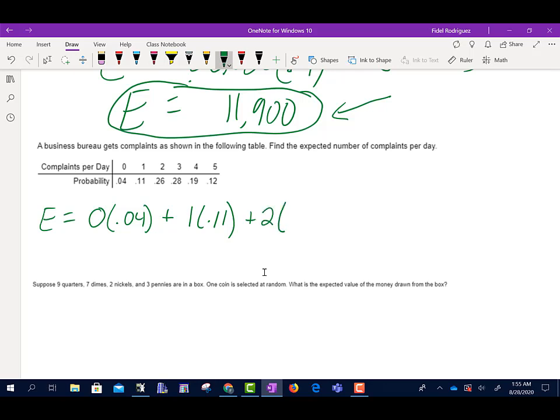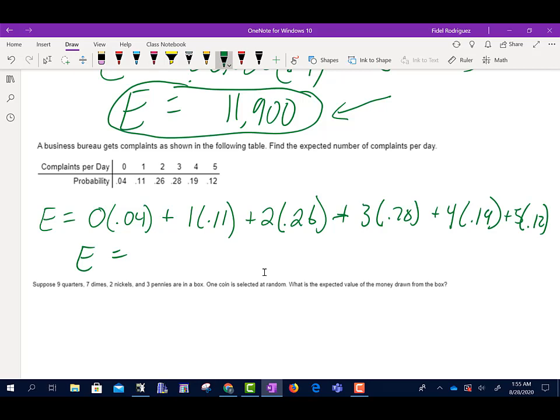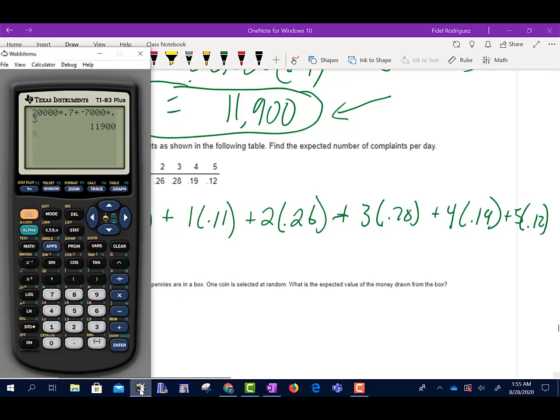The probability of getting two complaints is 0.26. The probability of getting three complaints is 0.28. The probability of getting four complaints is 0.19. The probability of getting five complaints is 0.12. So we're going to find, again, the expected number of complaints per day.